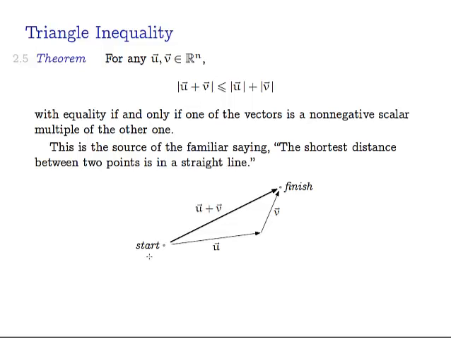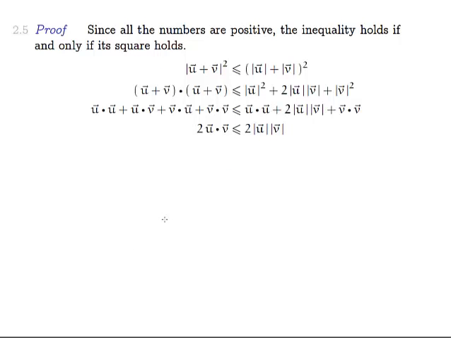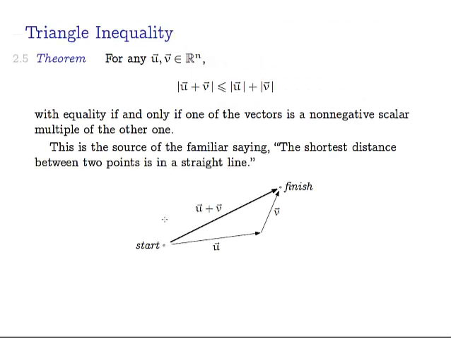It seems obvious on the face of it, but we do need a mathematical proof. And we're going to use the algebra of dot products that we've defined. Okay. All right, so first of all, we start with this inequality, and we're going to write down a chain of equivalent statements. So this is the inequality we started with.